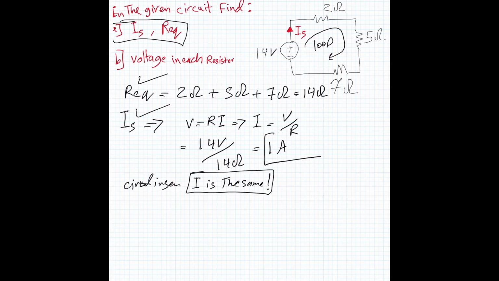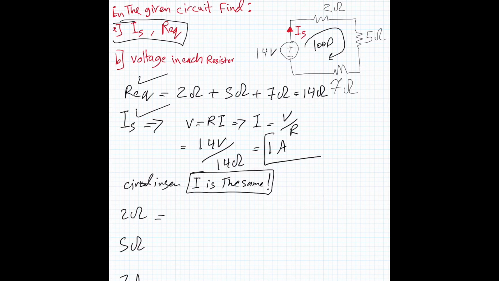You have to really keep that in mind because it's so important in the future for your circuit analysis class. Since the I is the same, we just go through each resistor and find the voltage, and by doing that we will use Ohm's law.